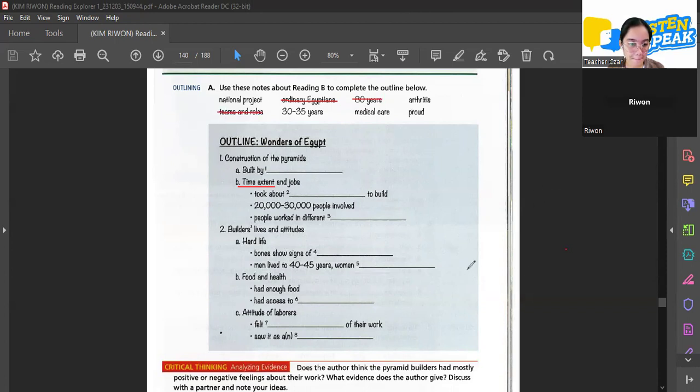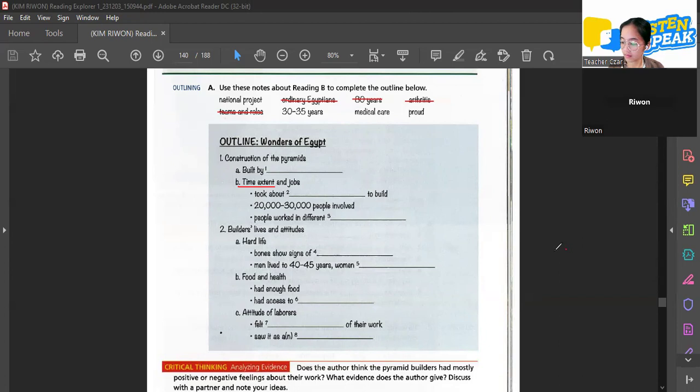Builders' lives and attitude. Hard life. Bones show signs of arthritis. Men live to 40 to 45 years.